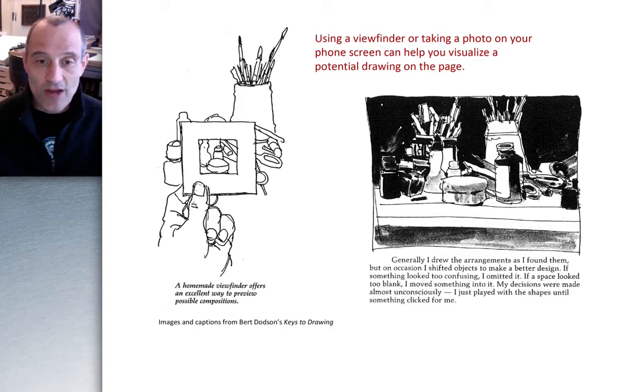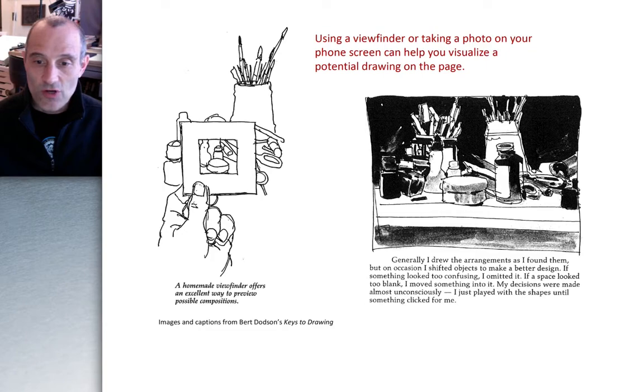I've got a number of excerpts from Bert Dodson's Keys to Drawing. And you see how he thinks about composition of one arrangement of forms that are on his work desk, really. It says, generally I drew the arrangements as I found them, but occasionally I shifted objects to make a better design.